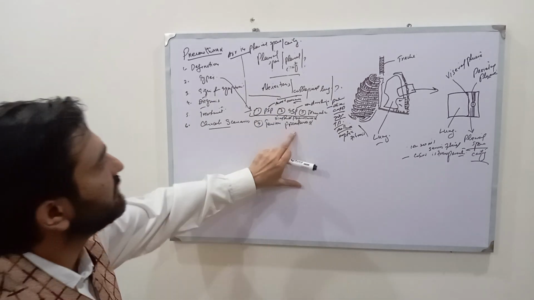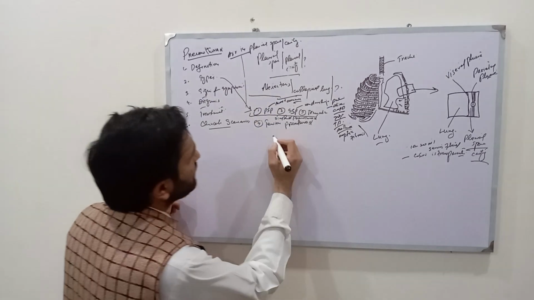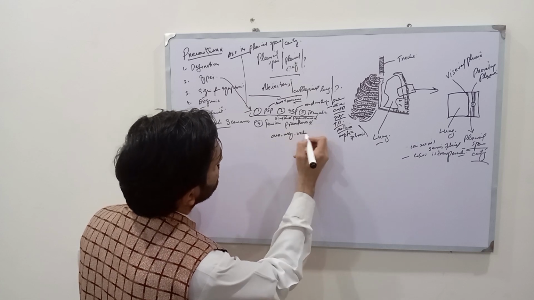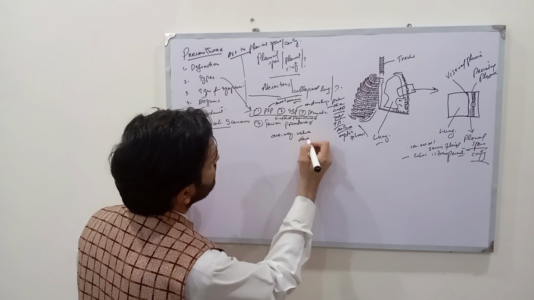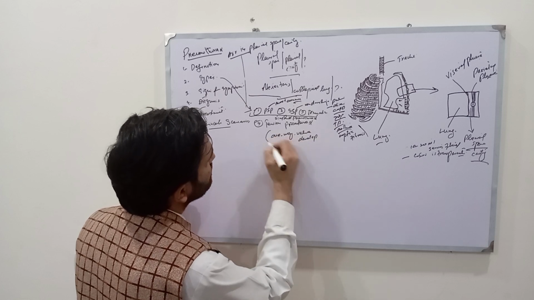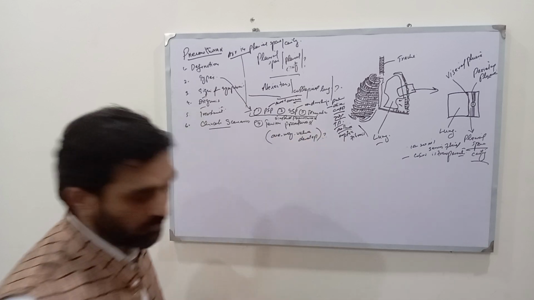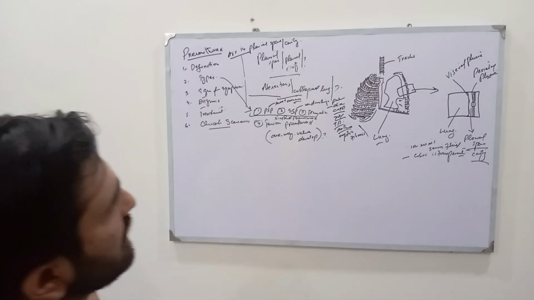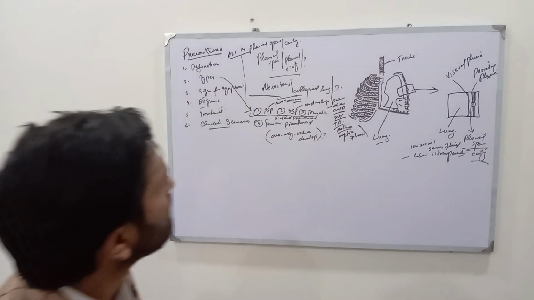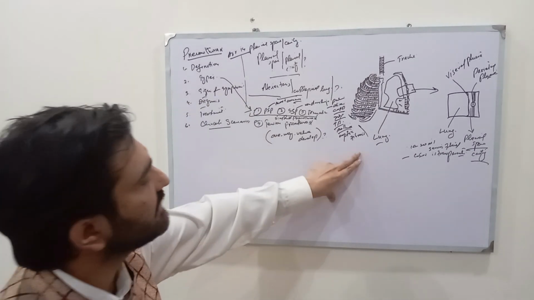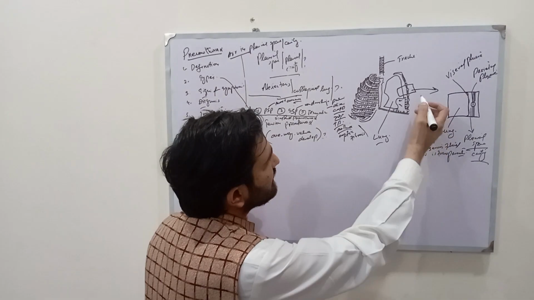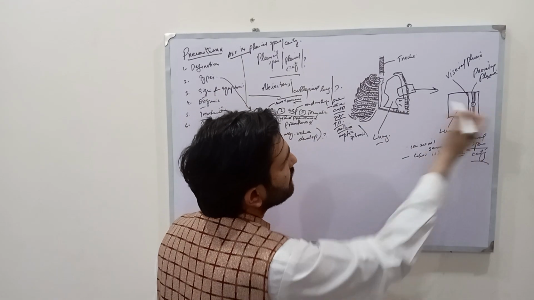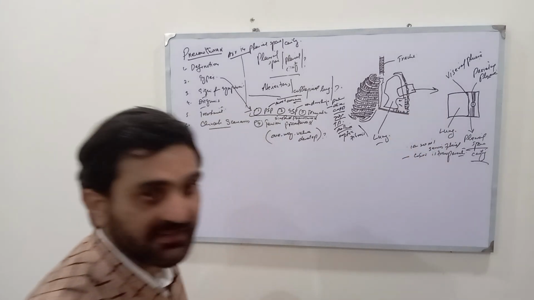Tension pneumothorax develops when a one-way valve develops. What is a one-way valve? It means that due to trauma or another cause, air enters this space or pleural cavity, but cannot go out.